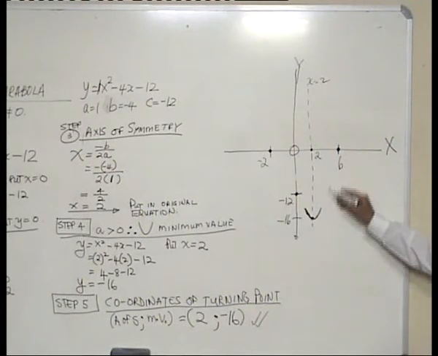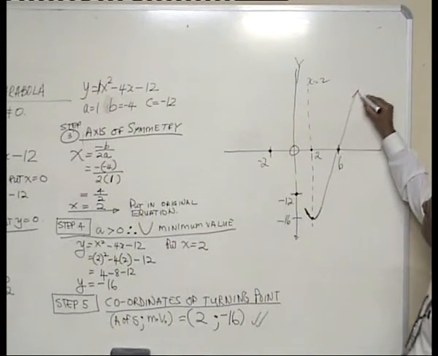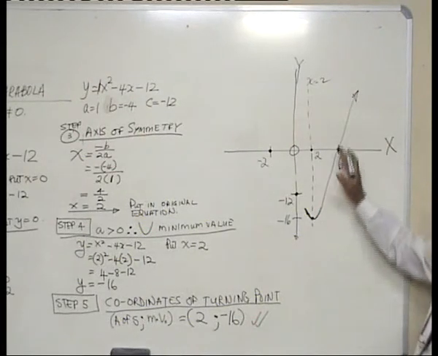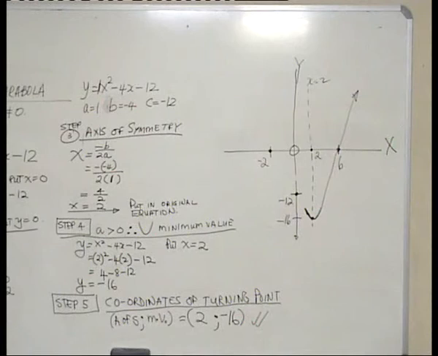So once you got the turn done, then it's very easy to complete thereafter. Now from here, I must go up to 6 and straight through it. And don't worry if your lines are not too smooth and straight. As long as you're joining the correct points, that's most important. Alright, and let's see what happens on the other side.